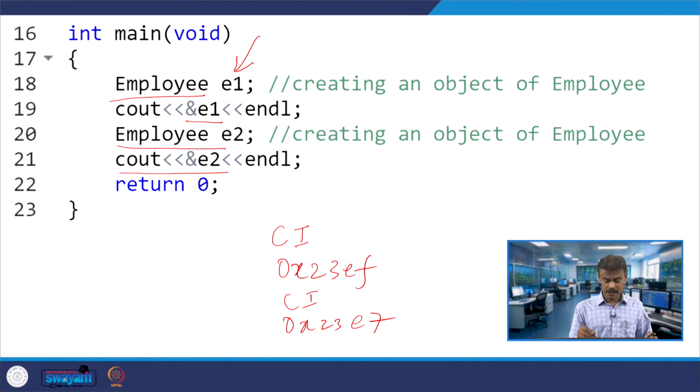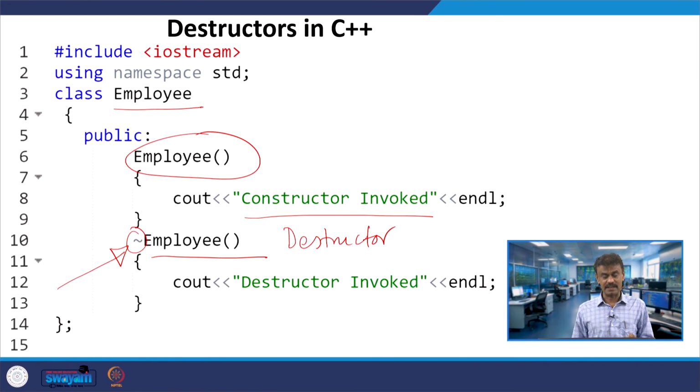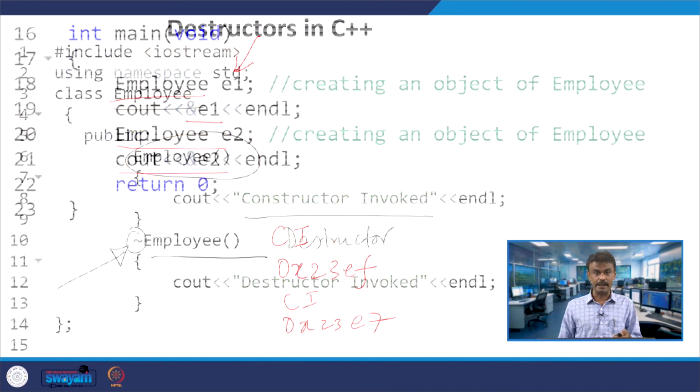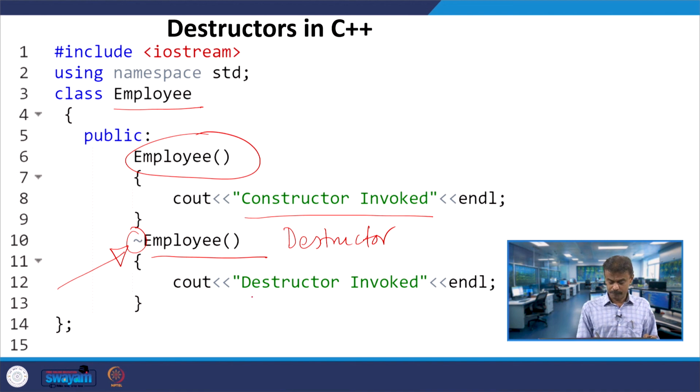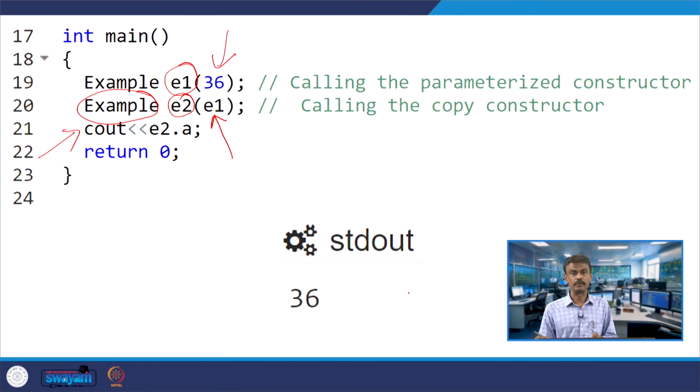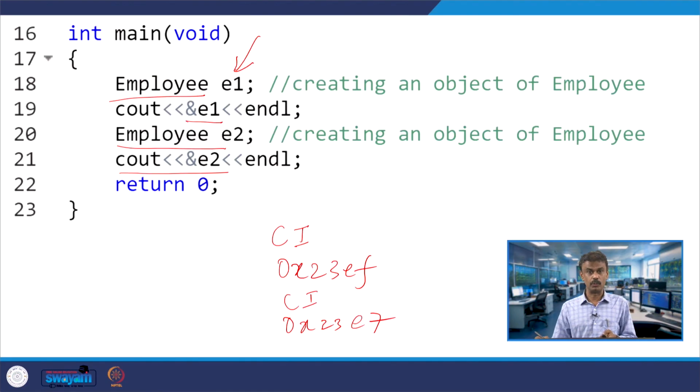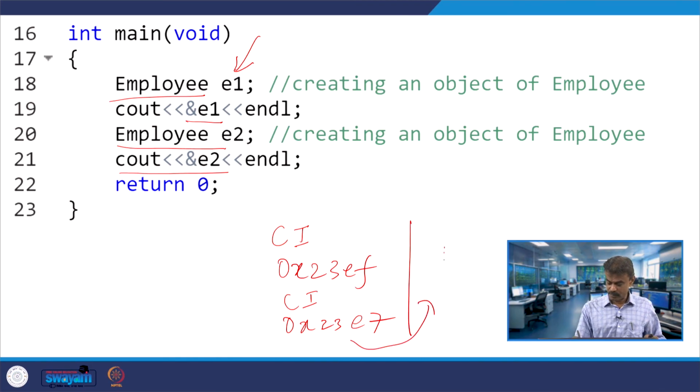Before that you will have the destructor, that means you are deallocating the memory for E1 and E2. So 2 more outputs you will get because of 2 objects: destructor invoked, two times. DI stands for destructor invoked, CI stands for constructor invoked.